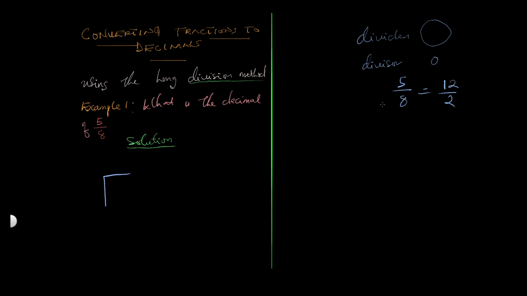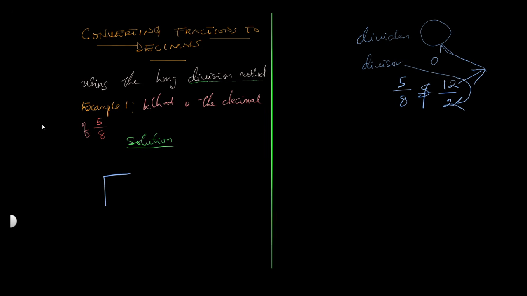I have two fractions here, 5 over 8 and 12 over 2. In all fractions, we are always dividing the numerator. Numerator is always our dividend, while the denominator is always our divisor.